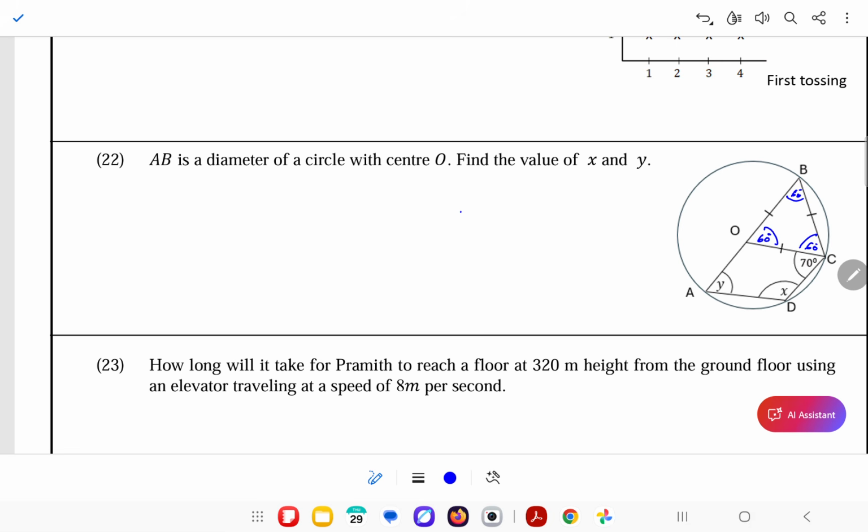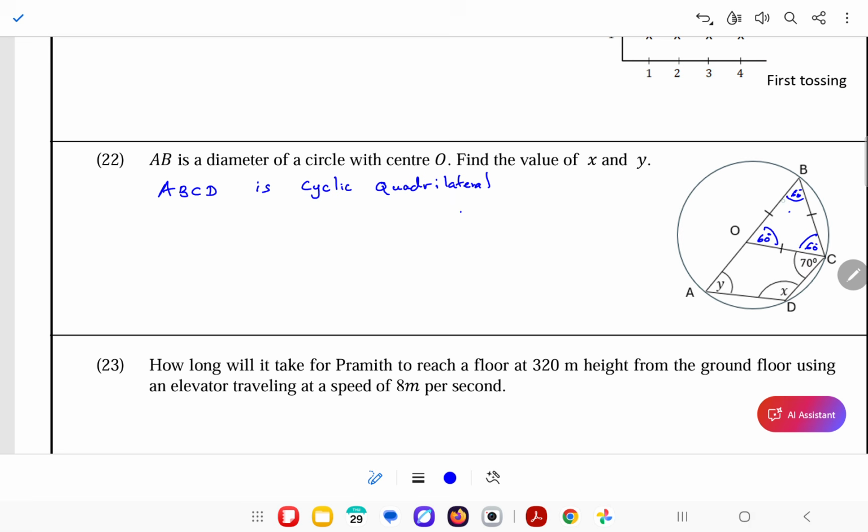Right. And ABCD is what? ABCD is a cyclic quadrilateral. So now you can use properties of a cyclic quadrilateral to find x and y. What do we know about cyclic quadrilateral? Opposite angles add up to 180 degrees.